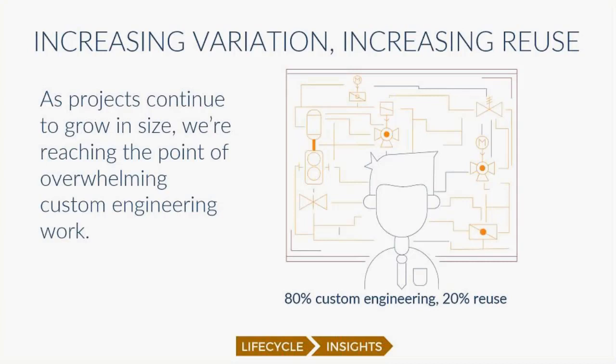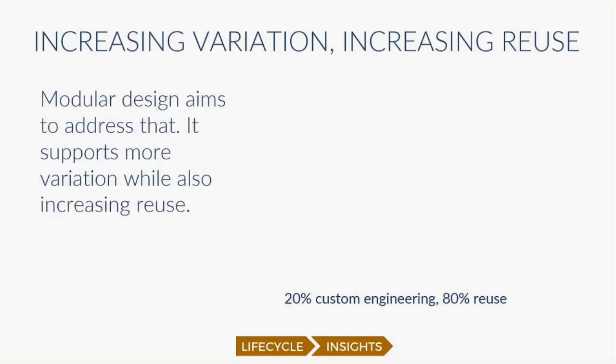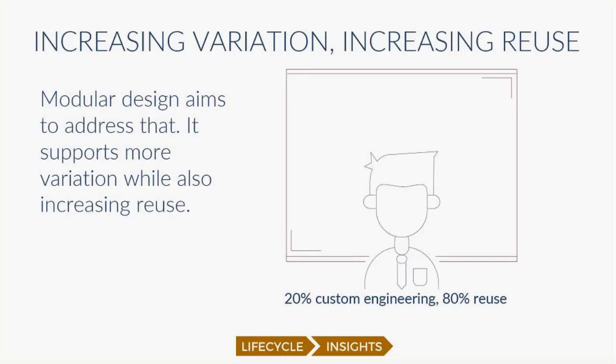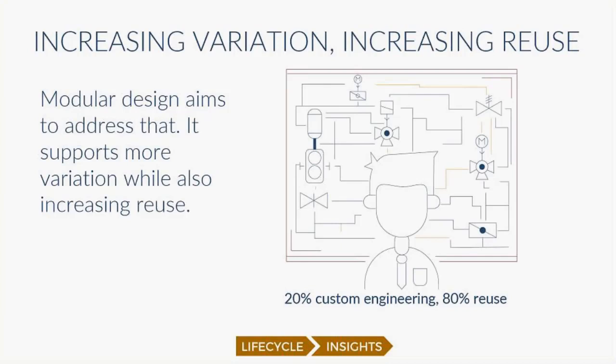So one of the motivations to move to a modular platform from a design perspective is to change that mix. Right? So the idea is instead to have a little bit of custom design work, and a lot of reuse. Moving to a modular platform lets you do that. It lets you reuse a lot of design work.